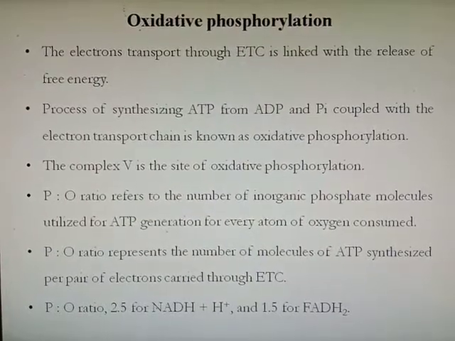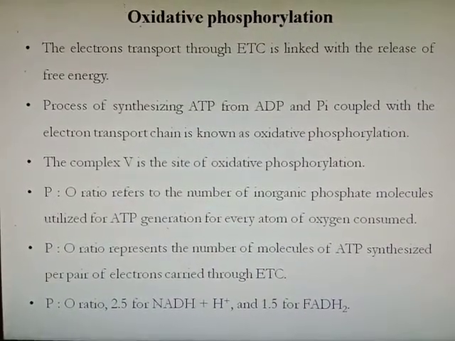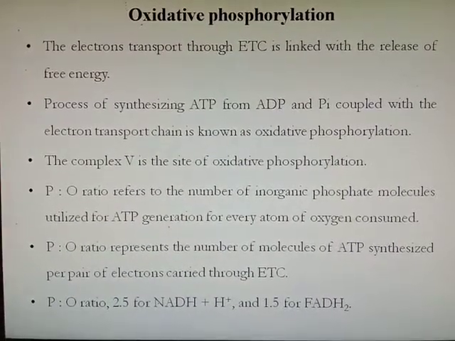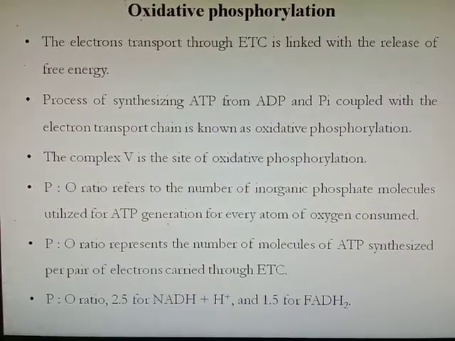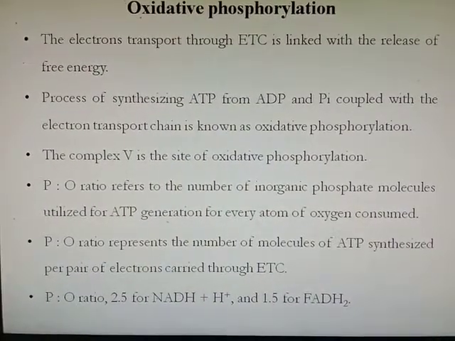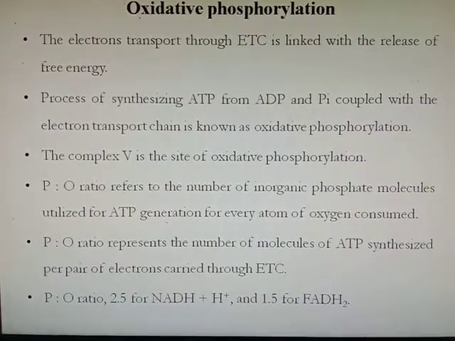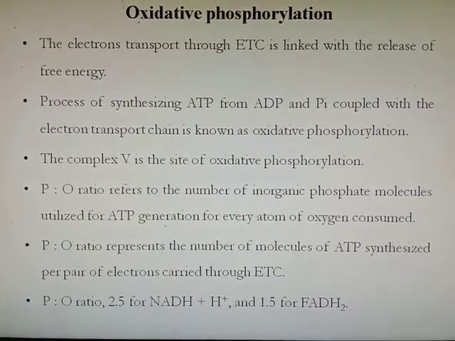Electron transport through the electron transport chain is linked with the release of free energy when protons enter into the matrix. The process of synthesizing ATP from ADP and inorganic phosphate, coupled with the electron transport chain, is known as oxidative phosphorylation. Complex 5 is the site of oxidative phosphorylation.